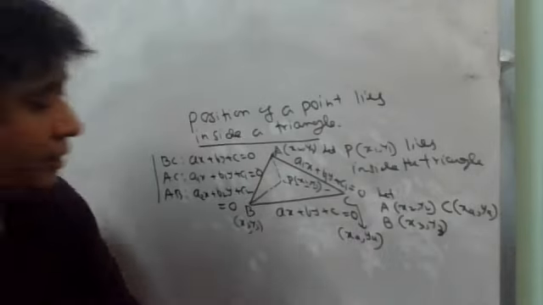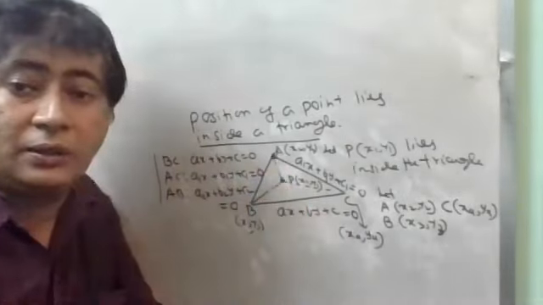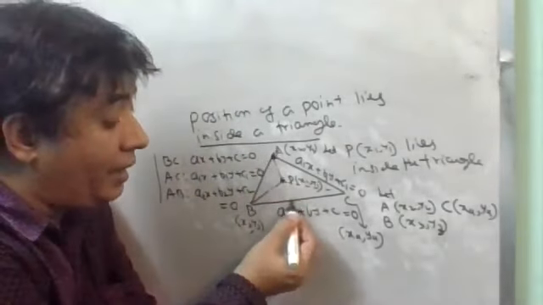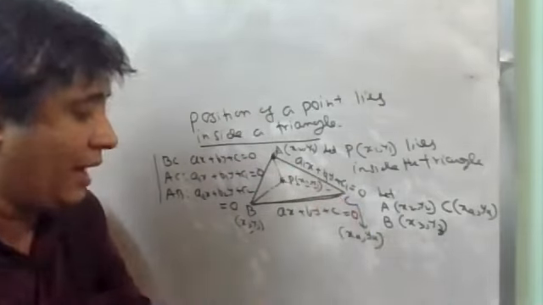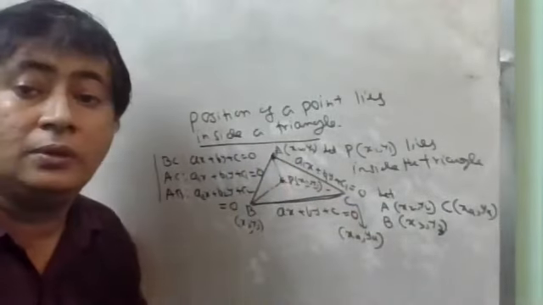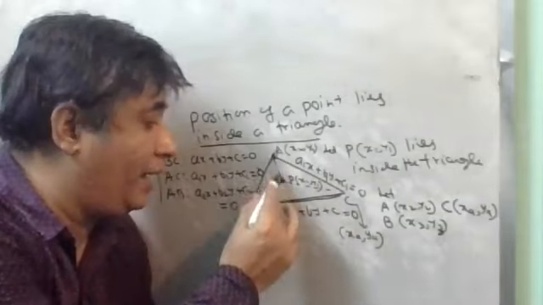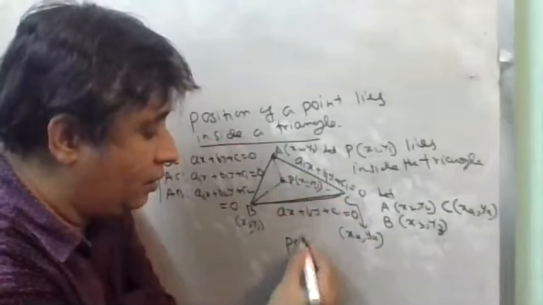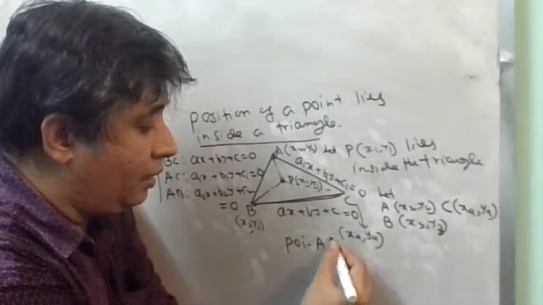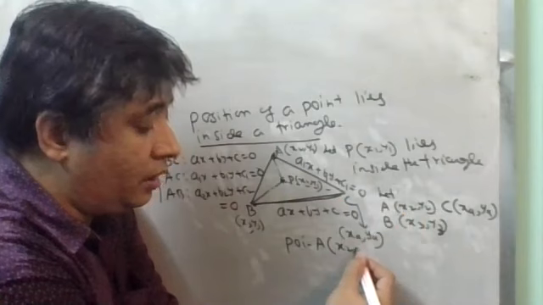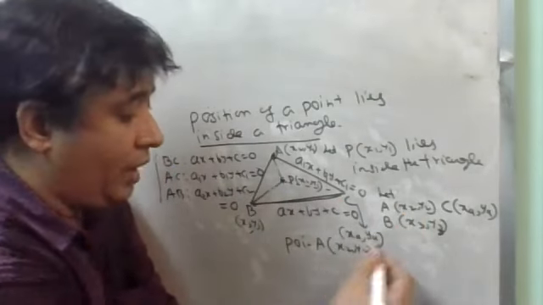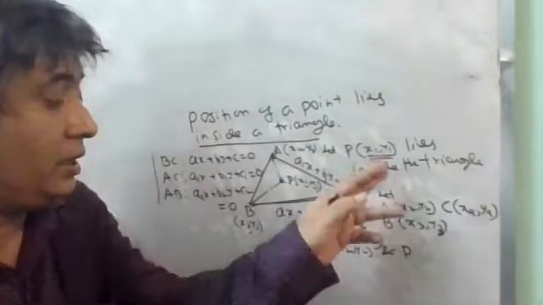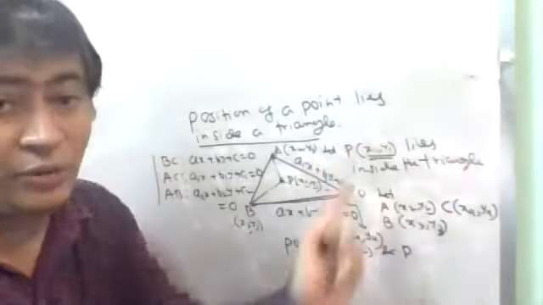Now if I consider this point and this point, these two points lie on the same side of this straight line, means above. See, as point A and P lie on the same side of this. Now point A I have let x2 y2, and P means the point which we are told to judge, whether it lies inside or outside the triangle.